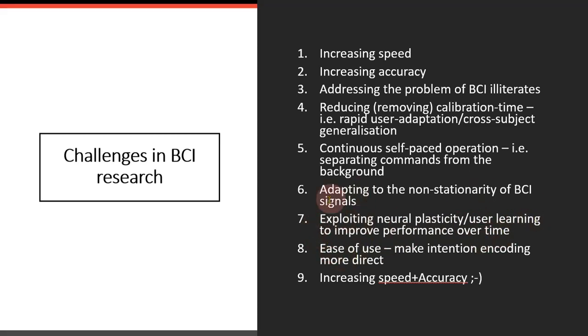One of these problems could be combining machine learning with human learning to improve general performance of BCI, because humans can also learn somehow to generate some specific patterns in the brain.